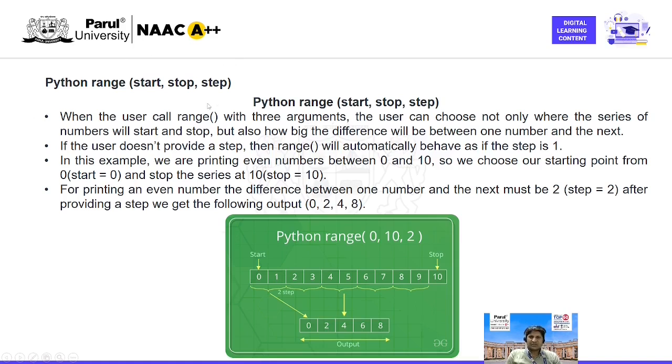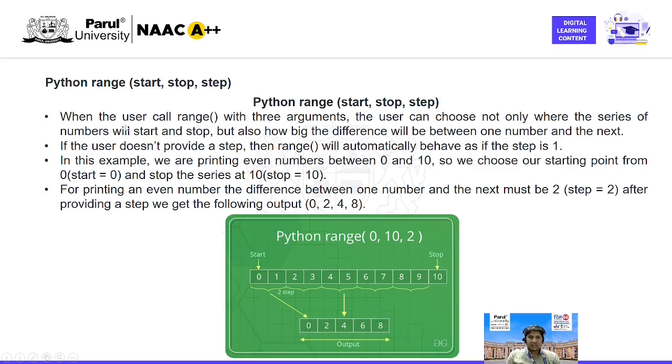The third one is the perfect range function, in which all three values are provided: the start value, the stop value, and the step value. When the user calls range with three arguments, the user can choose not only where the series of numbers will start and stop, but also how big the difference will be between one number and the next number.